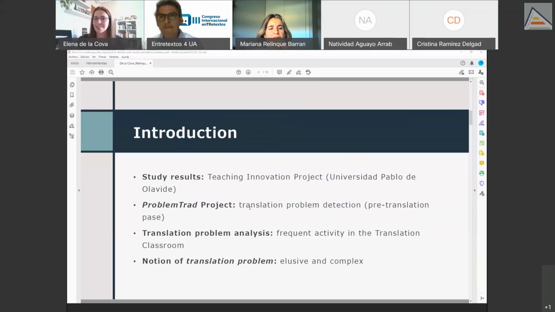Most likely, the main obstacle to having such a solid and systematic methodology is that the notion of translation problem is elusive, abstract and complex, and there is really not a consensus from the community.